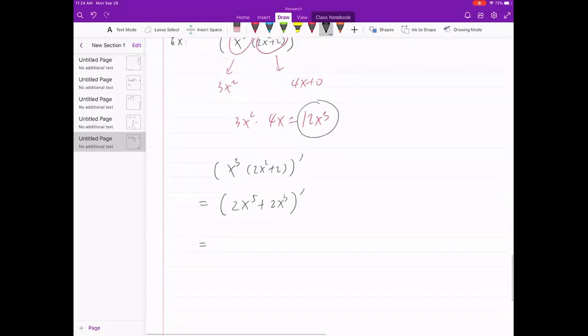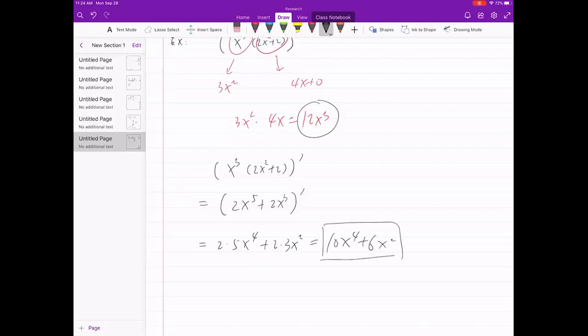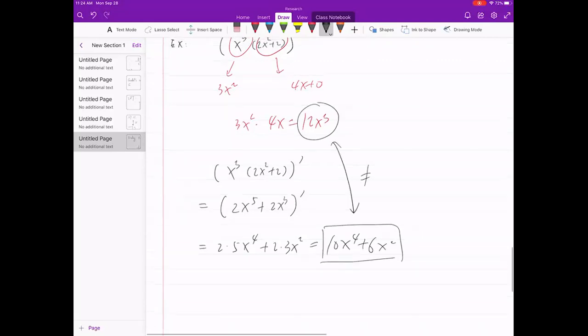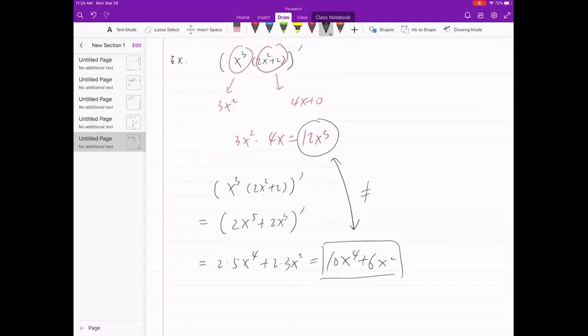What's the derivative here? It's 10x to the 4 plus 6x squared, which is different from the answer you got here. Makes sense to everybody?